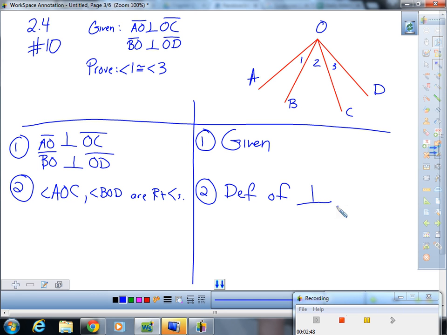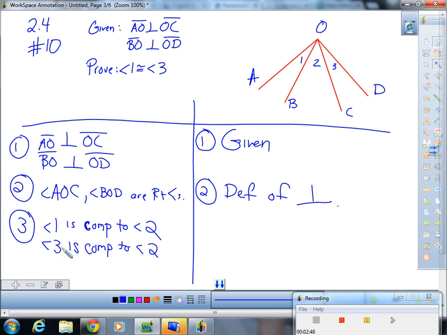Well, now I can say that angle 1 is complementary to angle 2, correct? But in the same step, because it's going to be the same reason, I can say that angle 3 is complementary to angle 2.